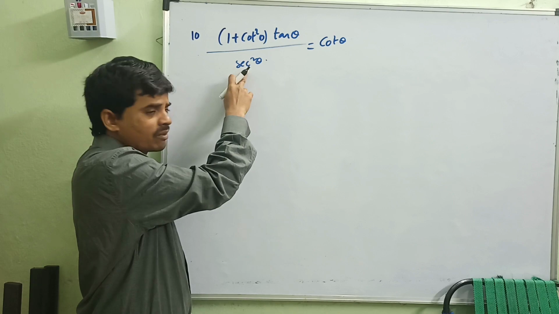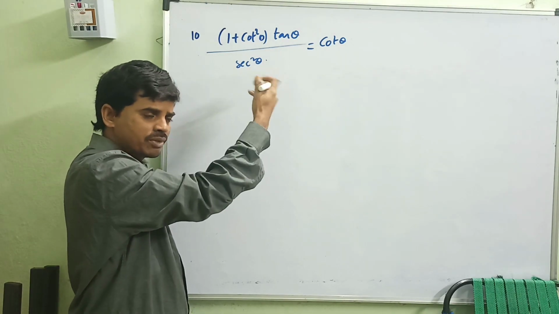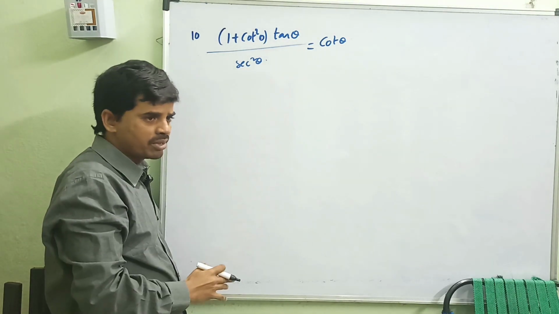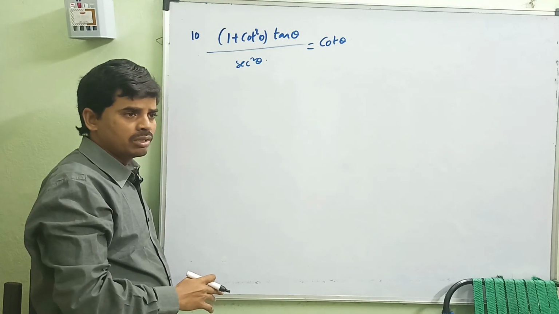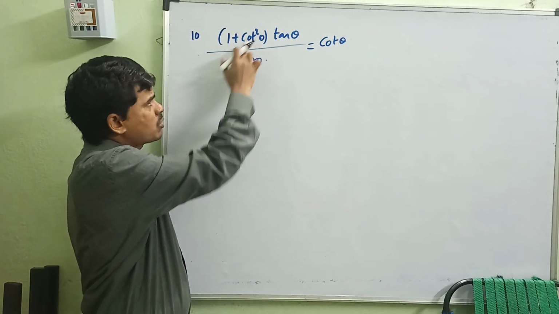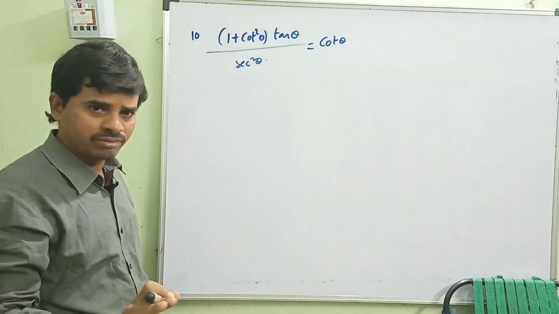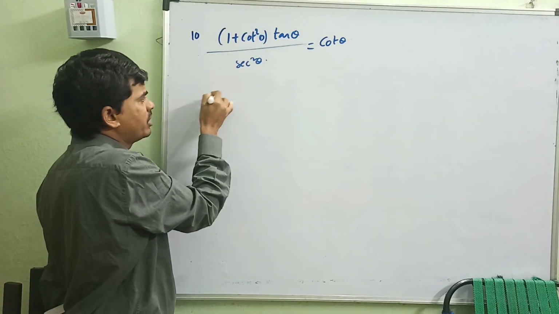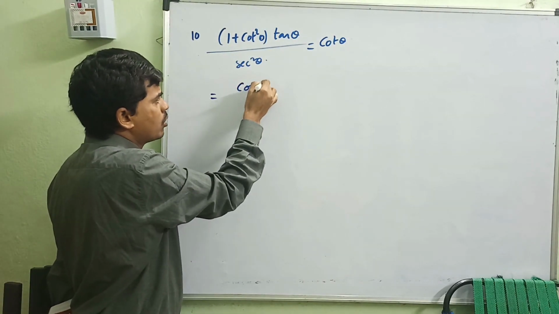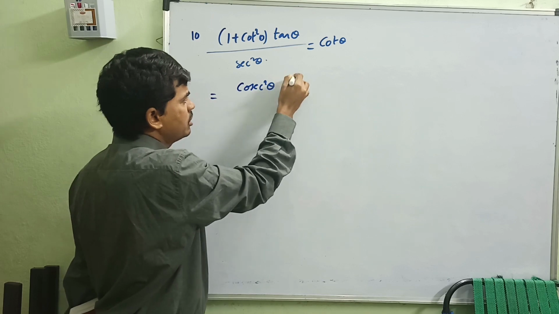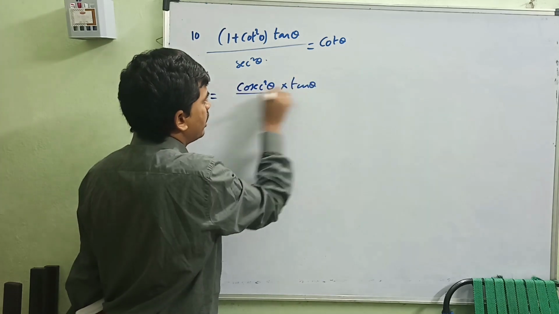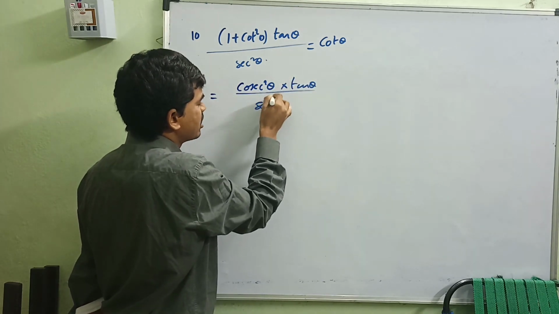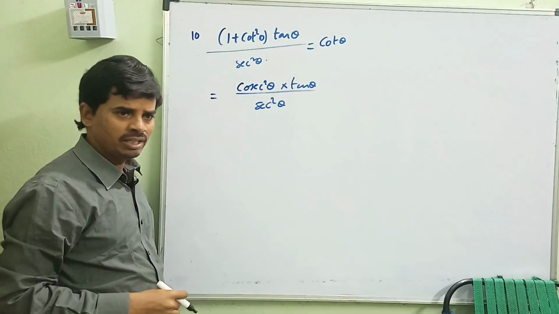So if you convert it to 1 plus tan square theta, that becomes difficult too. So just 1 plus cot square only we have to change. 1 plus cot square theta we can write as cosecant square theta into tan theta divided by secant square theta.